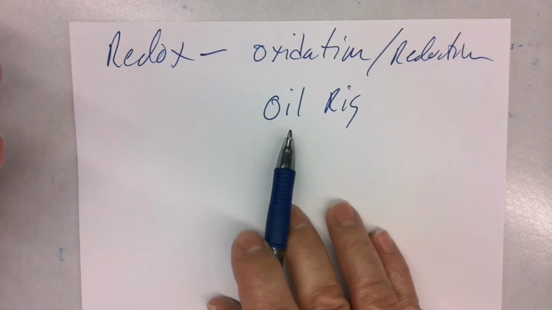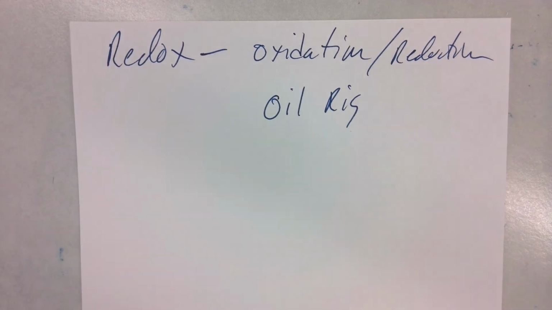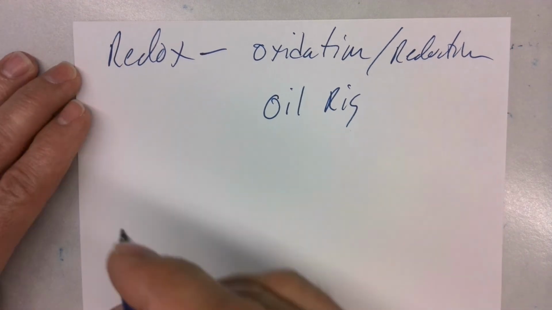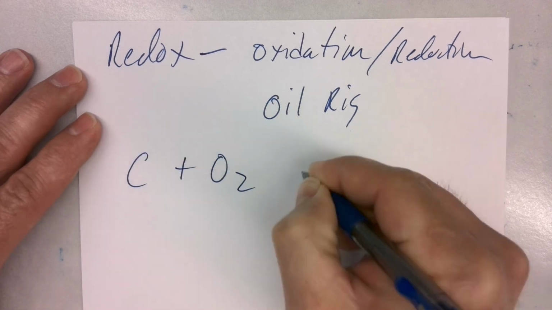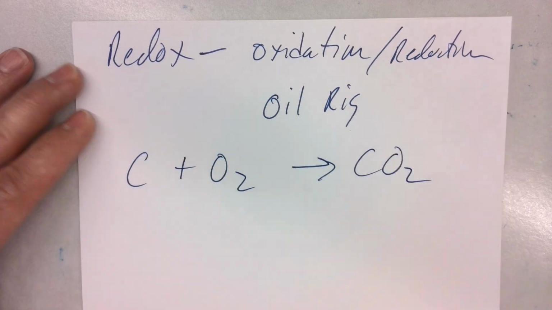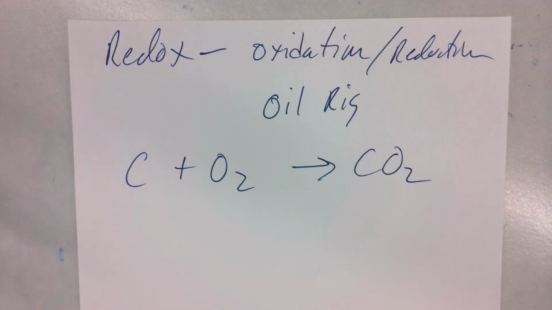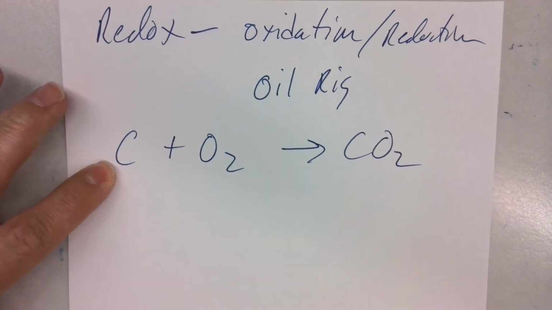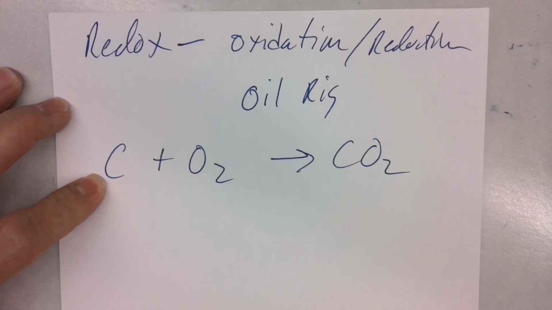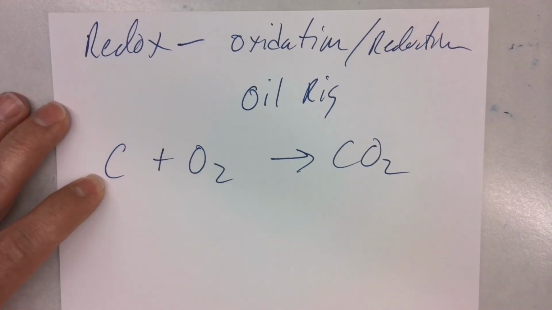So what they're going to do is give you a compound. Let's say I did C plus O2 gives you CO2. Now, whenever it's just like this, it's going to have an oxidation number of what? Anybody remember when it was like this, what its oxidation number was?